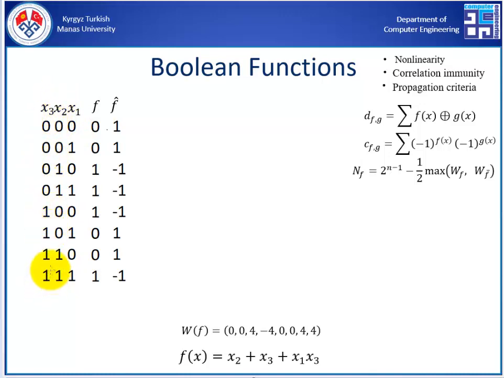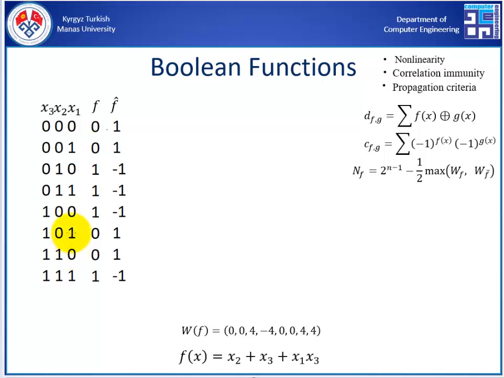So, as its name suggests, we need to calculate the correlation of this vector with this vector first, then the correlation of this vector with this vector, and of this vector and this vector. So, if there is no correlation between the truth table of a function and each of these individual bits, then we say that the Boolean function is correlation 1 immune, because we are considering the correlation with only one input bit.